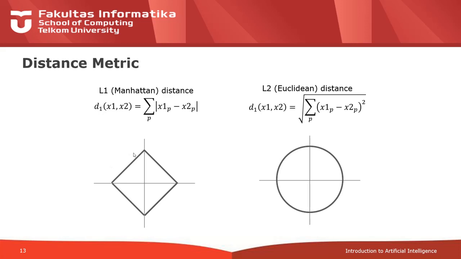For Manhattan distance, the formula is like this, and it is basically the absolute subtraction of the pixels between the first image and the second image, and then summing all of it together. In Euclidean distance, the difference of each pixel is squared, then summed, and then the square root is taken. We will see how to calculate this in the example.